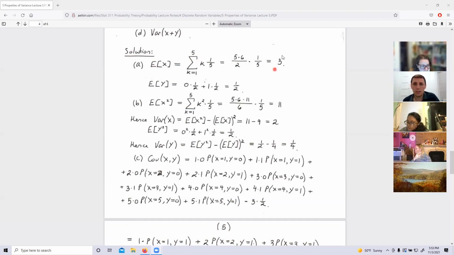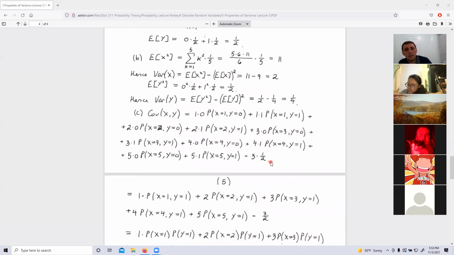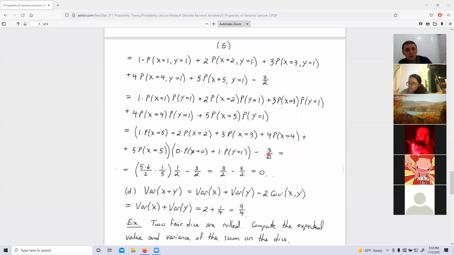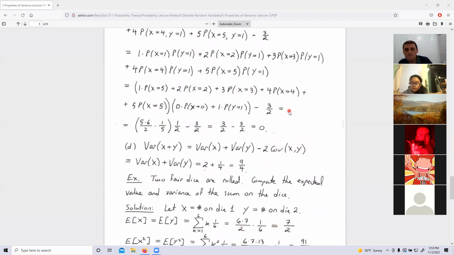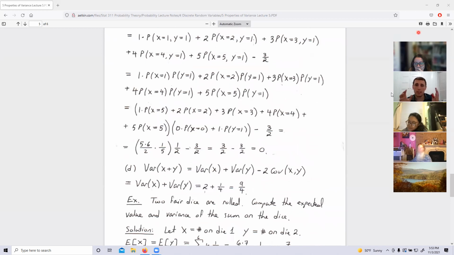That's the idea that you can get from it. But regardless, here is the calculation, and you see it equals 0, correct? And you don't want to do this calculation in general. You just have to understand why the expected value of x times y equals the expected value of x times the expected value of y. What is the condition and how does it work?